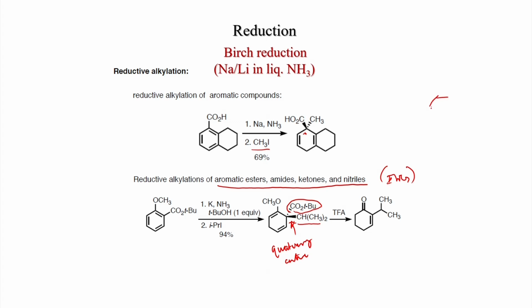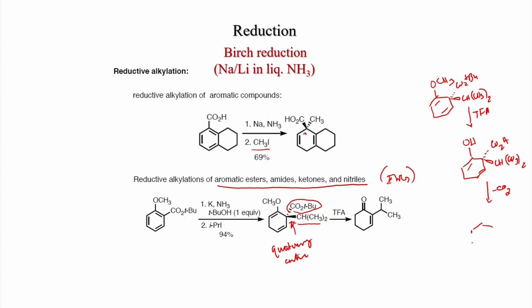So, what is happening here? If you give TFA, then what happens? This becomes an enol, and this becomes CO2H first, and the decarboxylation will happen, and then you get the enol, you can write it as an enone, a carbonyl compound, sorry.